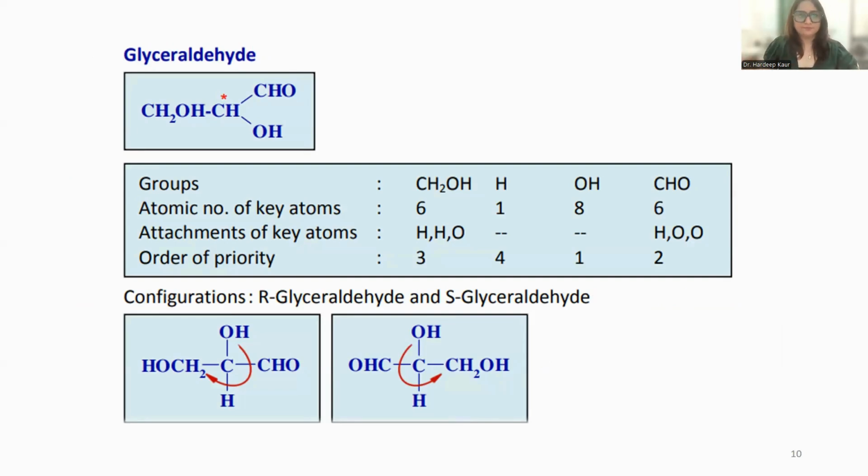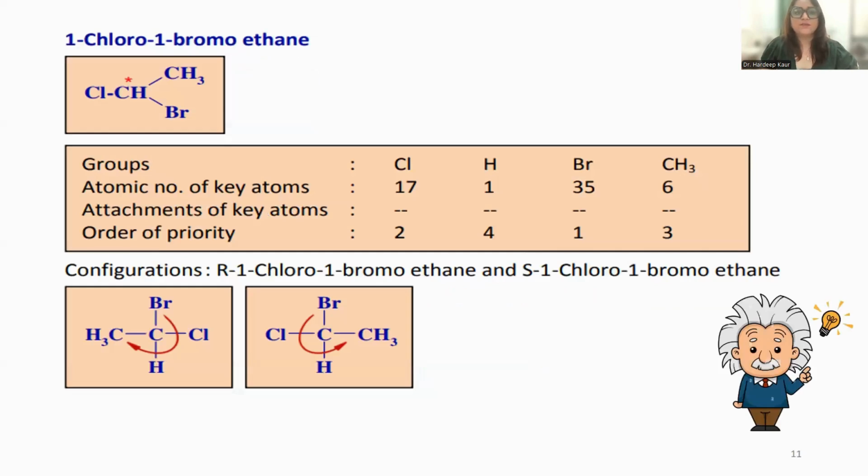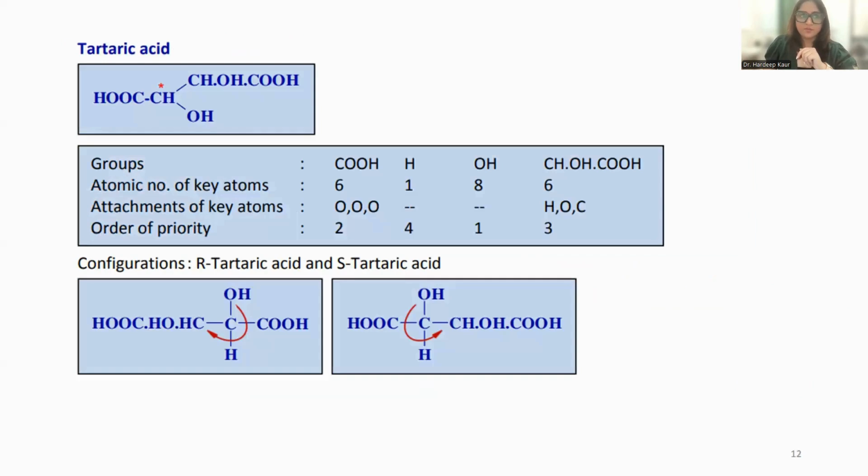Okay. 1-chloro-1-bromoethane. These different examples I am giving so that you can correlate them and check how it can be possible. Tartaric acid.